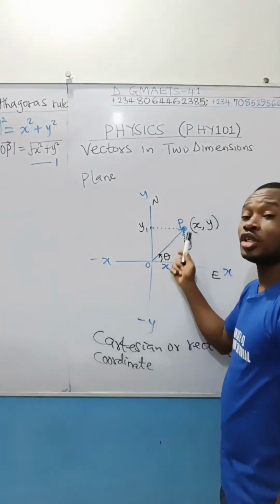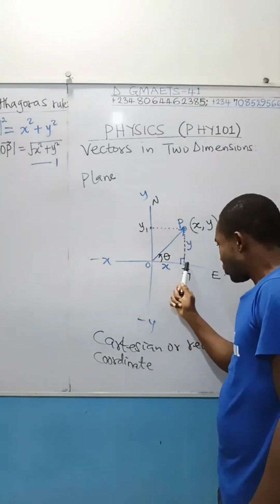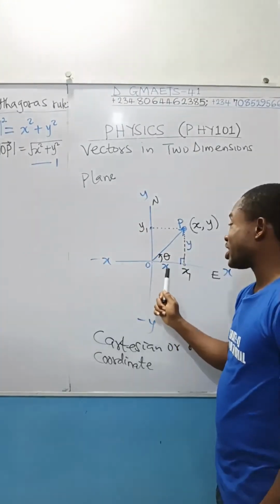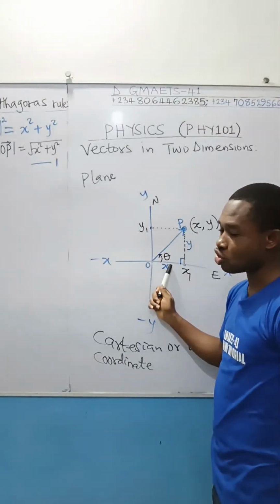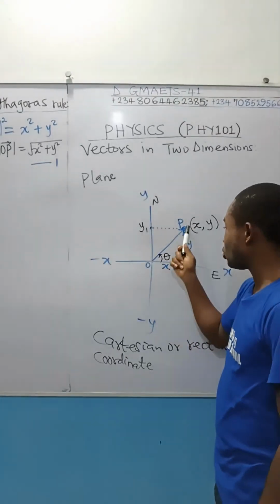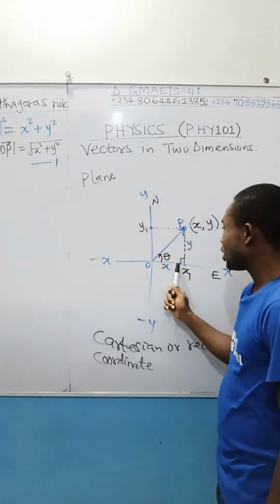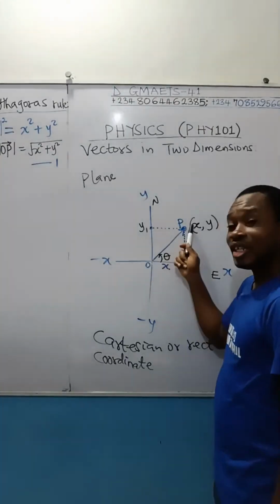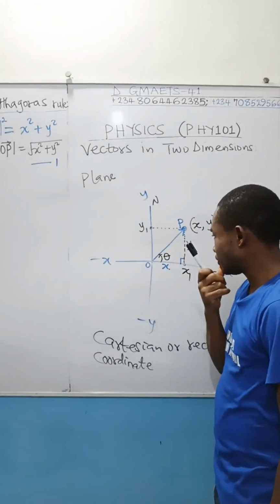So this side is called the opposite. Whereas the horizontal side is called the adjacent, because the angle of the vector is not facing it. The side of the right angle triangle that the angle is facing is called the opposite. Then the diagonal here is called the hypotenuse.